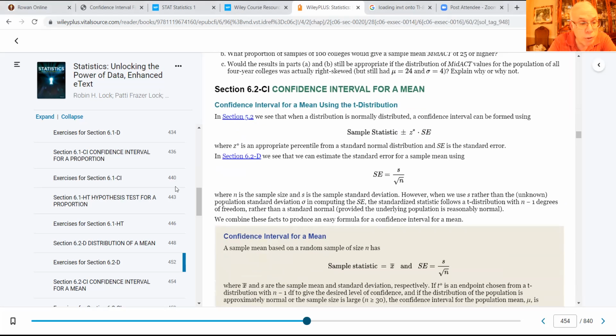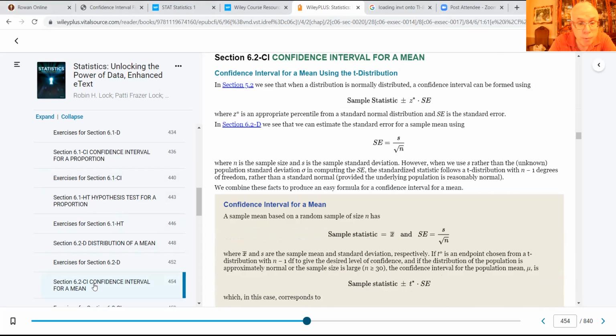We do have, of course, our confidence interval section itself. Now, remember, to create a confidence interval for a mean in this case, the estimated population mean, we have our sample mean as our sample statistic, and we add and subtract the margin of error. Remember, that's the general formula for a confidence interval.